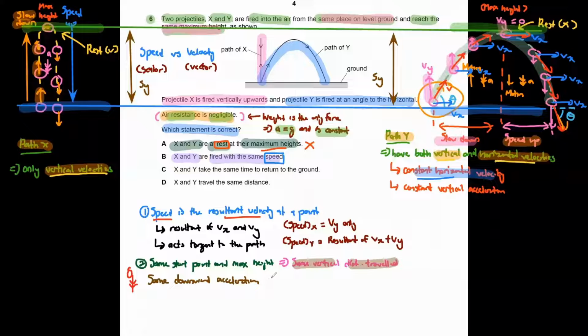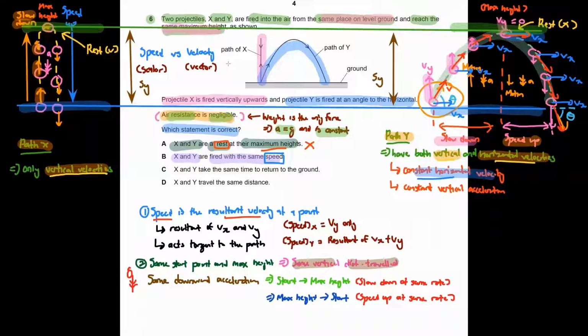Next, you consider this. If both projectiles were going upwards from the starting position to the max height, both projectiles will be slowing down at the same rate. And similarly, when both projectiles started to move downwards from the max height back to their starting position, they will also be speeding up at the same rate.